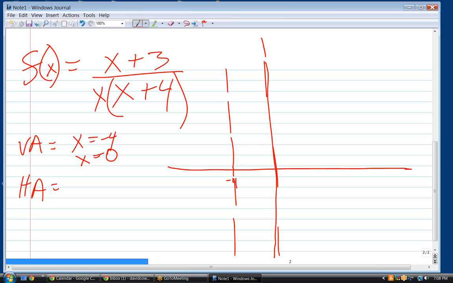Actually, in order to figure out the horizontal asymptote, I need to figure out what the highest degree polynomial is going to be in the bottom, and it's going to be x squared, right? It doesn't mean it does not exist; it means it's at 0. Whenever the highest degree in the denominator is bigger than the degree in the numerator, automatically y equals 0 is a horizontal asymptote.